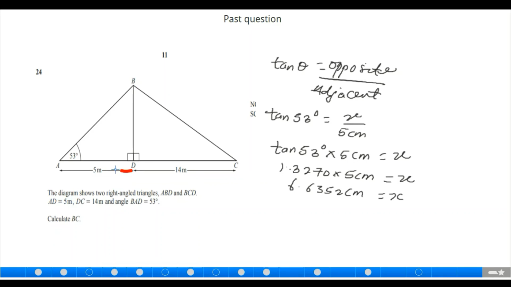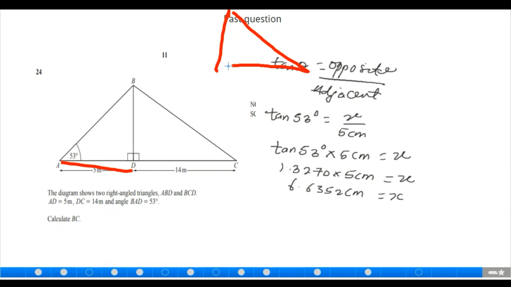AD is 5 centimeters, DC is 14 centimeters, and we have angle BAD to be 53 degrees. We have to calculate BC. So if we have to calculate BC, let's come and see what we have.